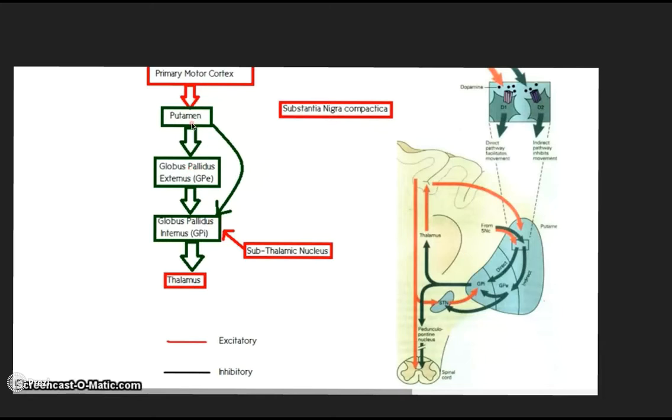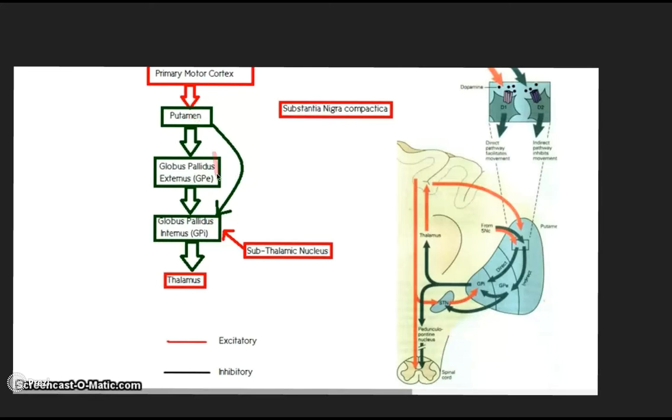That system is known in total as the basal ganglia, but each nucleus is individually known as the putamen. They don't list the caudate here, but the caudate and the putamen are typically listed together. And then there's the globus pallidus pars externus and the globus pallidus pars internus.